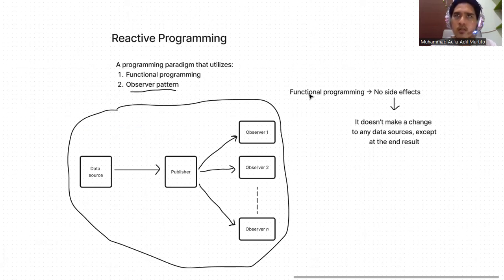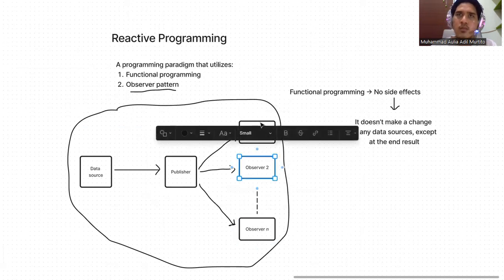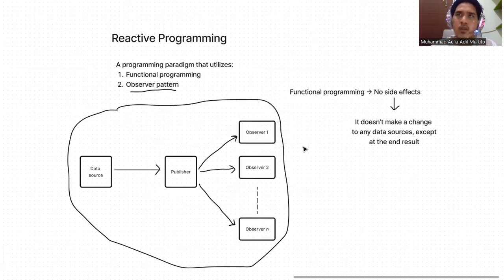Now, this programming paradigm is implemented by the observers. So each observer shouldn't make any changes to any data sources except at the end result. So that's what reactive programming is. It combines a design pattern and a programming paradigm.